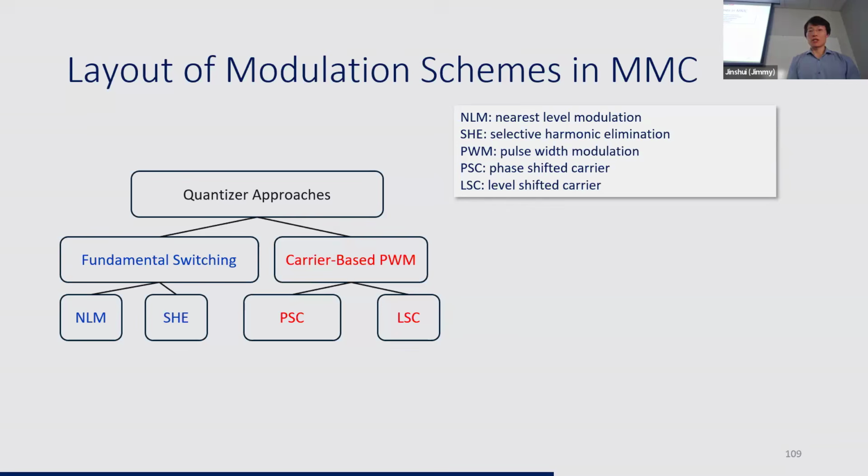The basic version still rounds to the nearest level, and we can also fine-tune the switching timing to eliminate specific harmonics. So in this section, we will talk about their performance towards a wide output bandwidth, which is important to get a better quality for arbitrary signals.